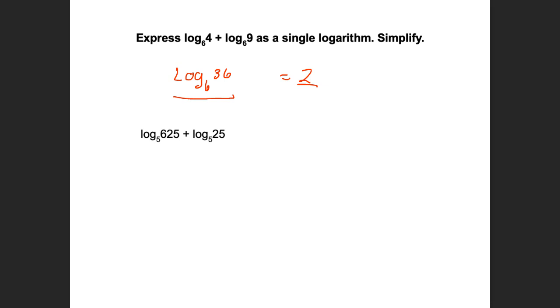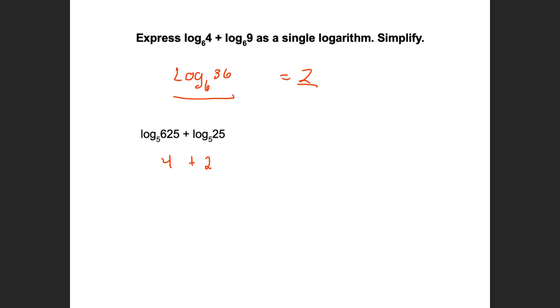If I did this problem here, I'd have log base 5 and log base 5. Now, I think I might simplify it first because this is going to be a pretty large number. So log base 5 of 25, isn't that just 2? And isn't log base 5 of 625, is that 4? 5 to the 4th power, I'll get my trusty calculator here. 5 raised to the 4th power is 625.